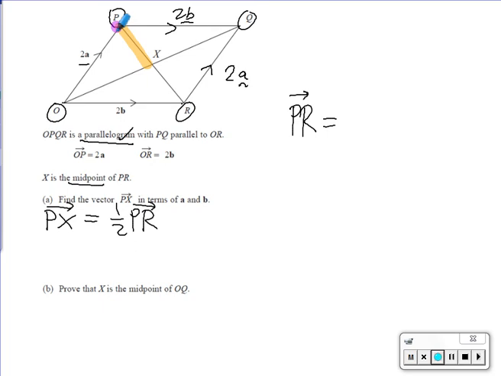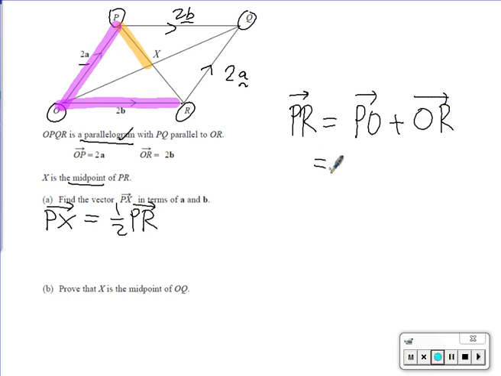Let's go from P to R, we're going to go from P to O and then O to R. So let's write that out. P to O plus O to R. That's our route. Then we're going to substitute in what we know about this P to O bit, which is in the opposite direction as 2a, so minus 2a, because it goes against the arrow.